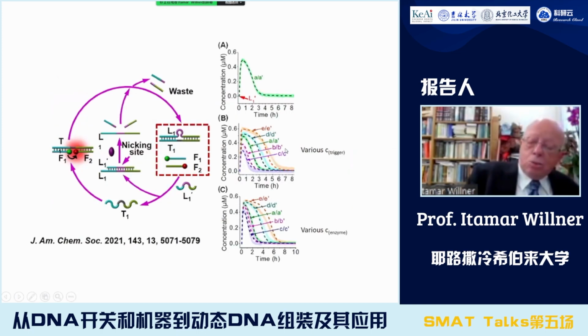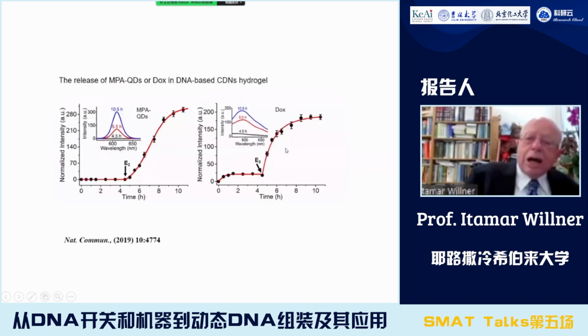Okay, so what did we learn until now from what I discussed? We learned that we can generate constitutional dynamic networks, we can control their contents by adaptivity, and we can find certain applications for such networks.